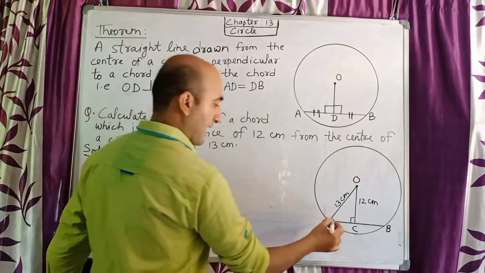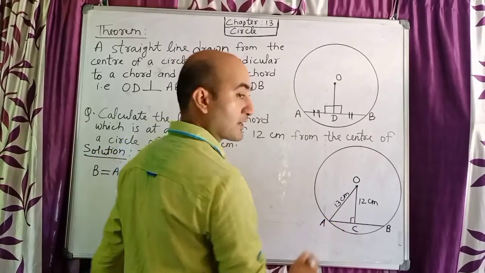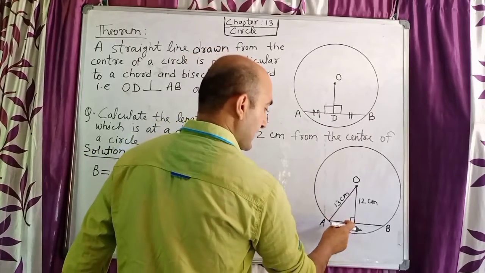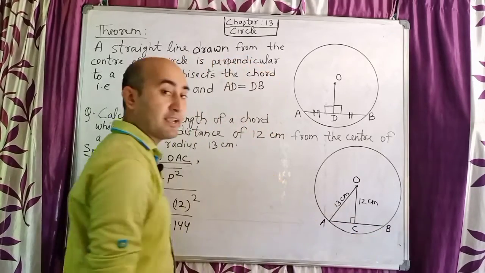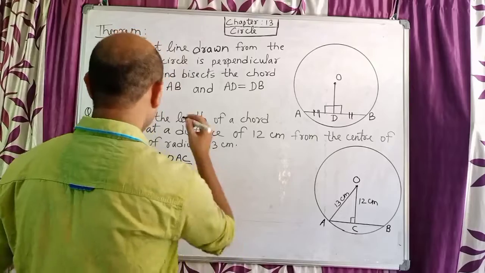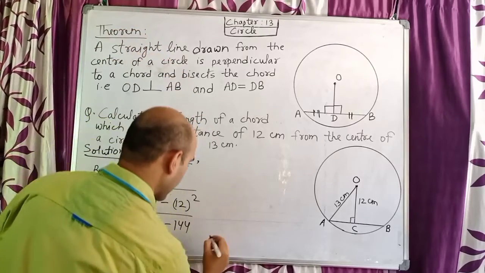So now my AC value has come. My AC value is 5. That's why if this is 5, this also will be 5. So my length of the chord will be 10 centimeter. So now I can write the answer here.